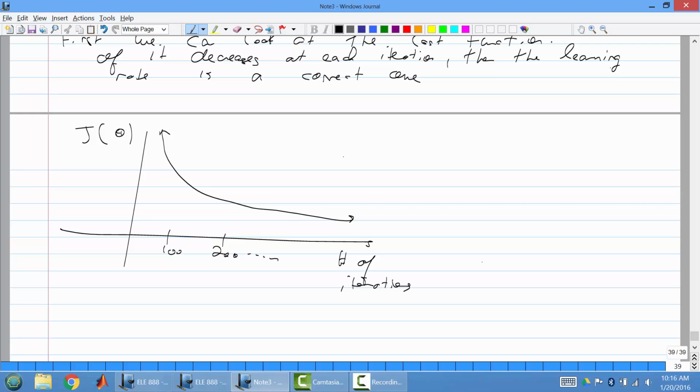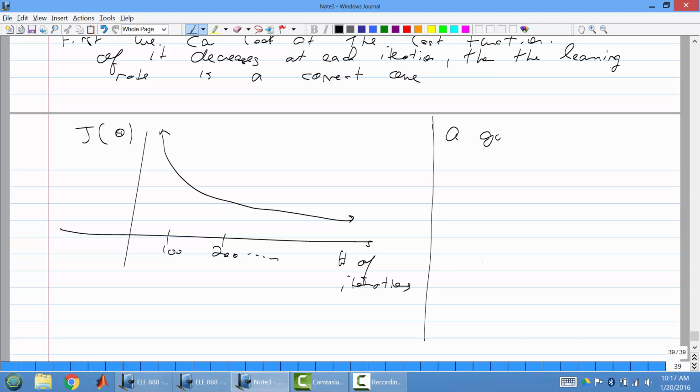Another way to check if it converges, which I didn't actually do in the code, is a good way to make gradient descent stop: if the cost difference between two iterations is less than a certain amount.